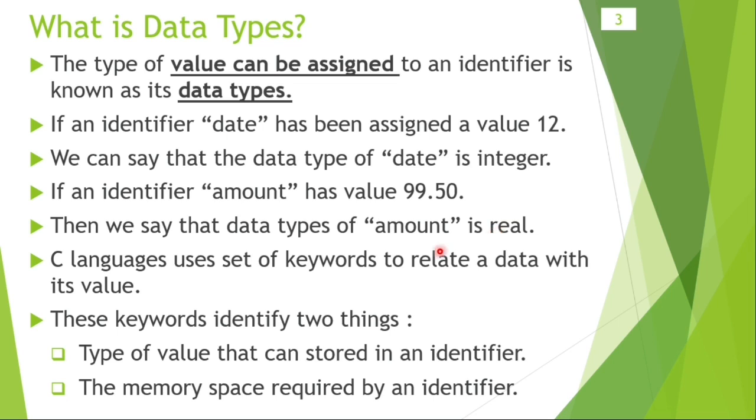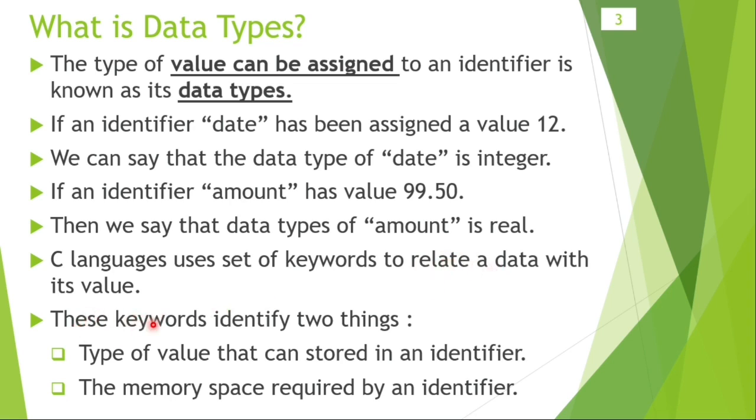C language follows basic maths: whole numbers, integers, real numbers, floats, everything will come. C language uses a set of keywords to relate data with its value. We use the keyword before assigning some value to the variable, that is, in a declaration, so we can use a keyword that relates the data with the value.